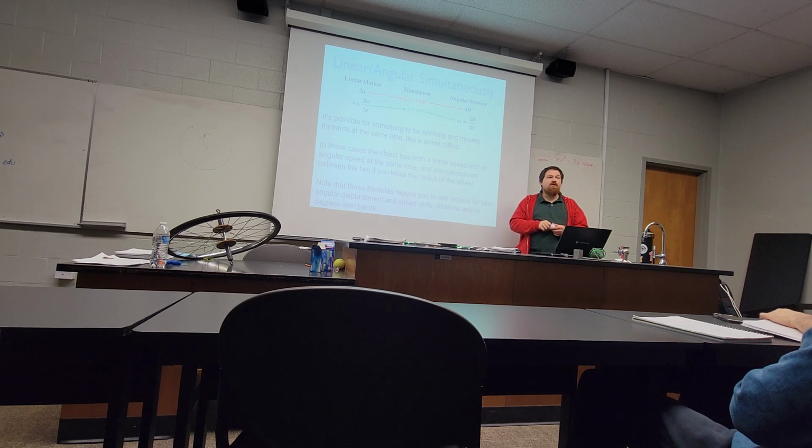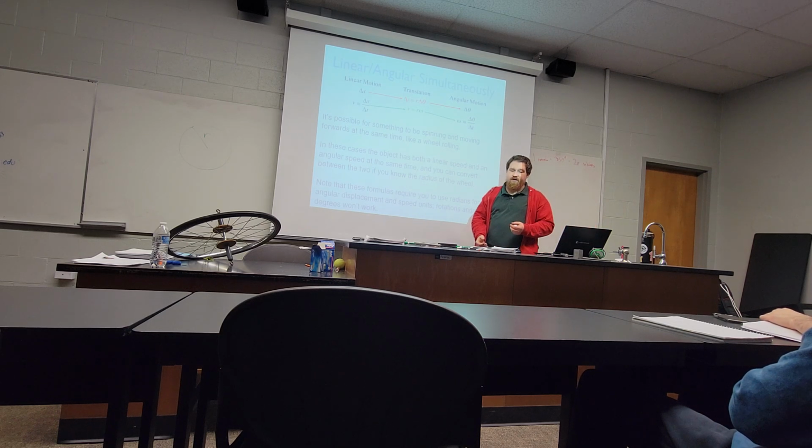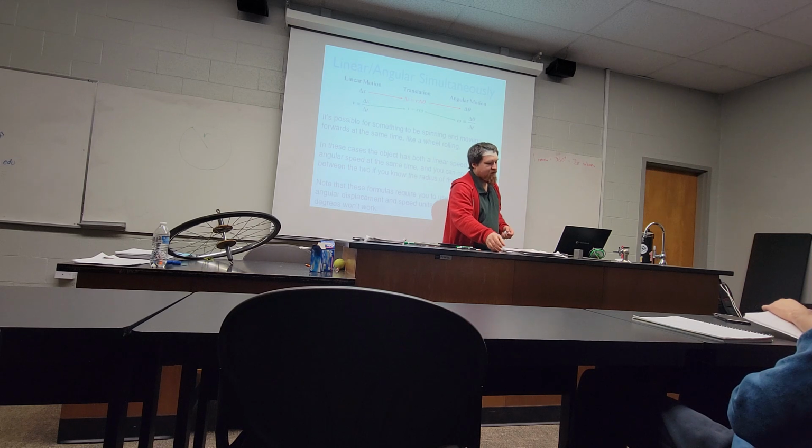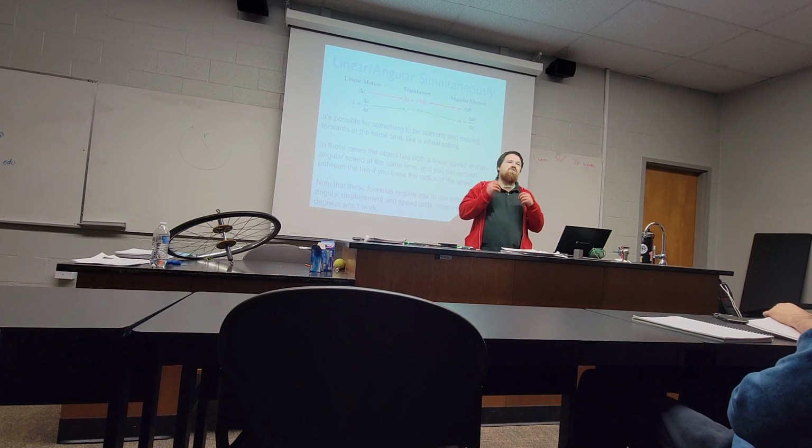The one catch to these formulas, as convenient as they are for looking at the motion of a wheel, is they require the use of radians as your rotational unit of choice. These formulas don't work if you plug in degrees or rotations.